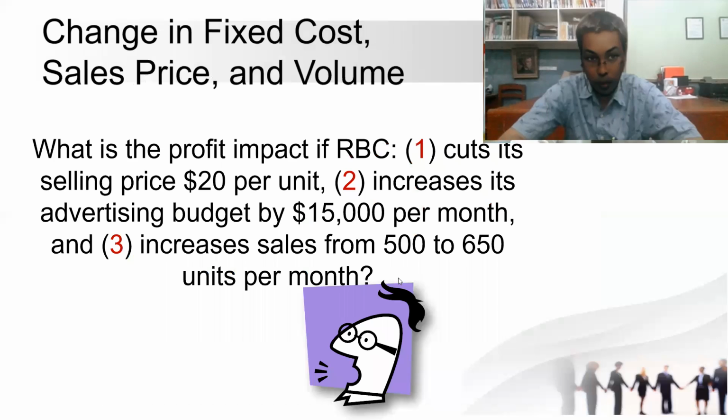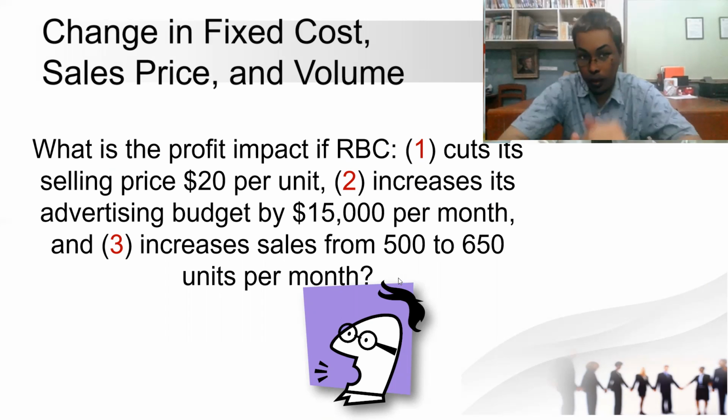Change in fixed cost, sales price, and volume. What is the profit impact if RBC, the company, number one, cuts the selling price by $20 per unit? So we want to sell our products with a $20 discount each.